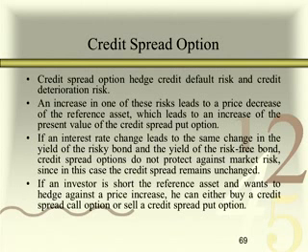You're not protected against the market crashing. In that case the credit spread remains unchanged. All things being equal, the spread will stay the same. If an investor is short the reference asset and wants to hedge against a price increase, he can either buy a credit spread call option or sell a credit spread put option.